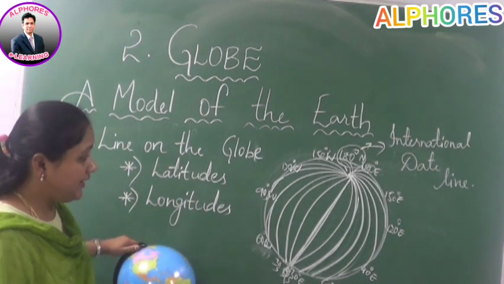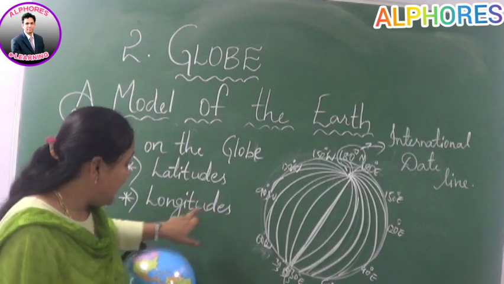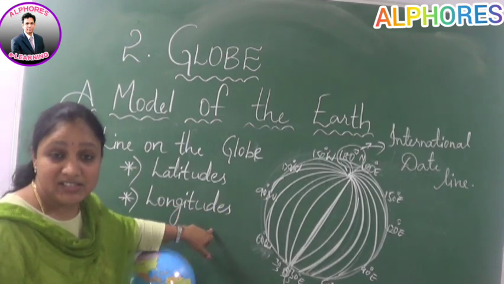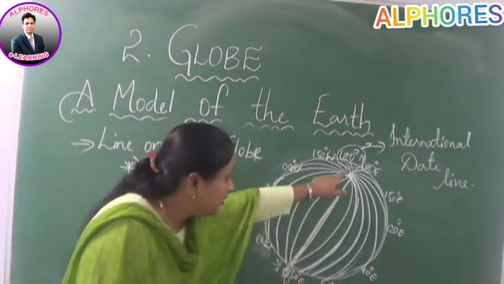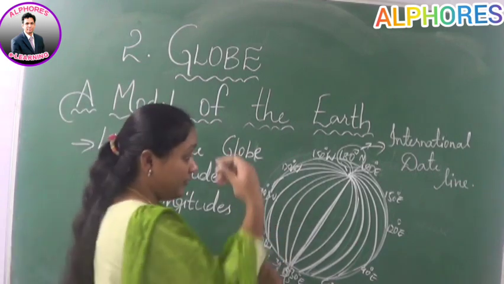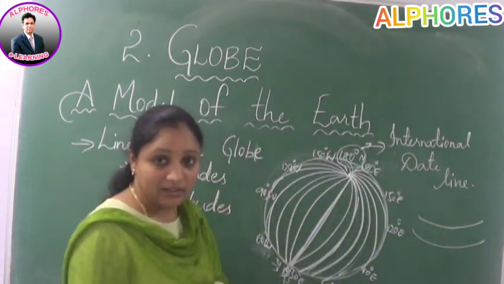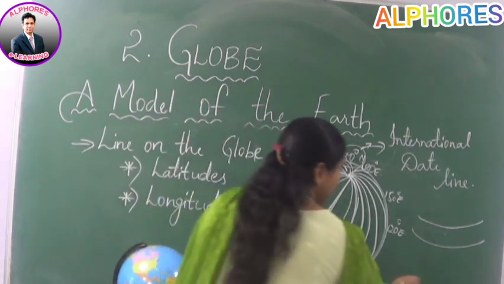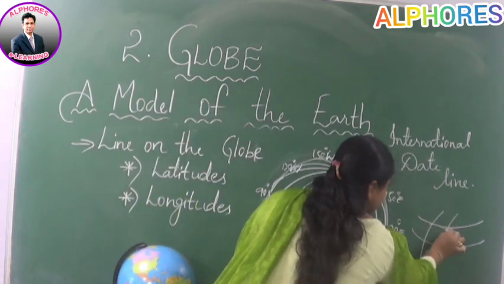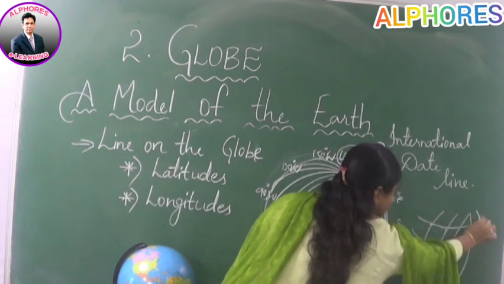The longitudinal lines are vertical in shape, and the latitudes are horizontal. When we join the two, we can see these boxes, right?